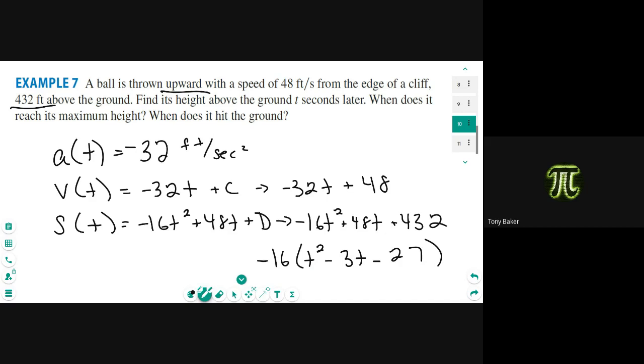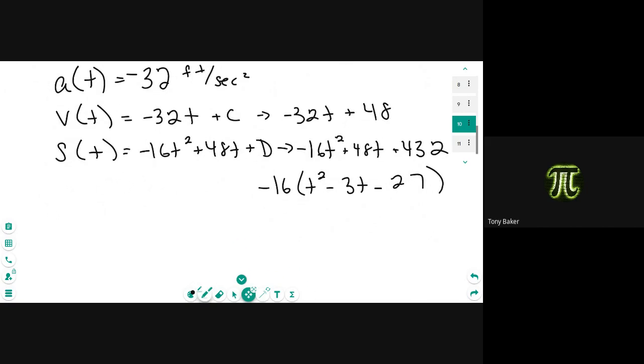And there's no numbers that multiply to 27 and add to negative 3, right? Not that I can think of off the top of my head. So you have to do what? Yep. So b squared minus 4ac. So we've got 9 minus 4 times 1 times negative 27, which is 108.